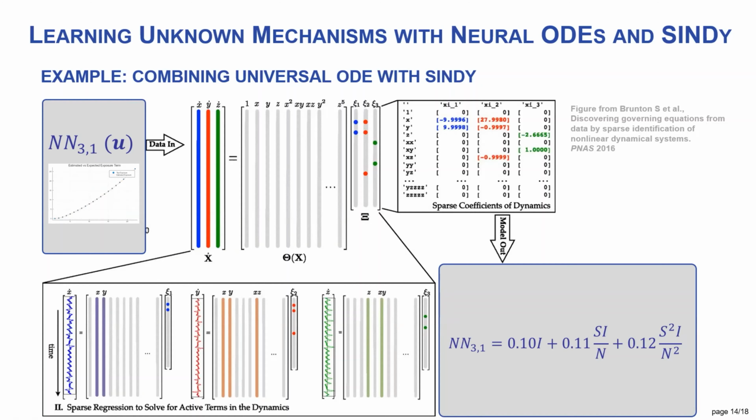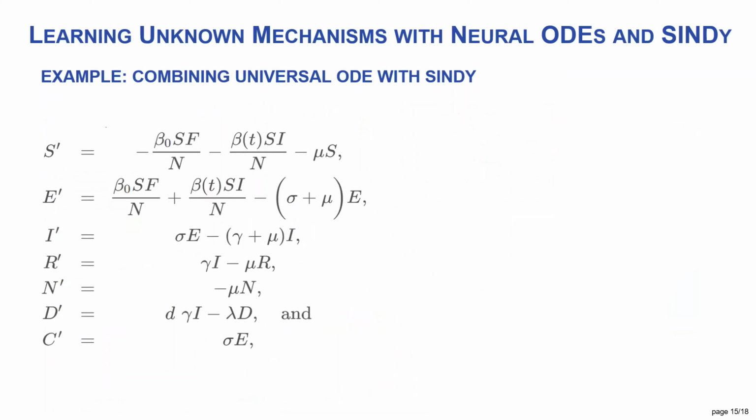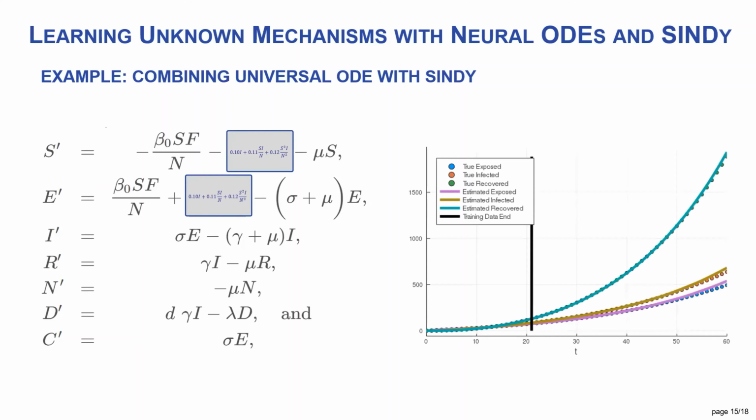And then we can go ahead and say, okay, we take these 3 terms or this equation and substitute them into our whole system and have a look how this extrapolates now into the future. And this is now doing a much better job and extrapolates, well, up until day 60.